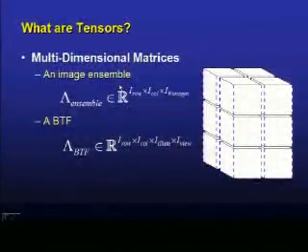Now, if we want to draw an analogy to a tensor, then tensors are basically multidimensional matrices. The simplest possible tensor is a 2-dimensional matrix. But you can generalize to higher dimensions, like a 3D volume is a 3rd-order tensor.